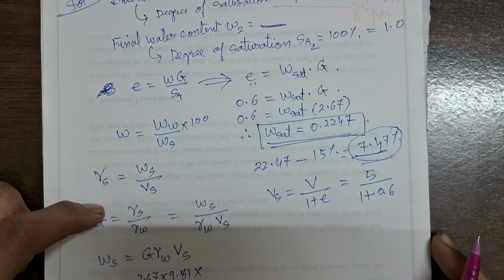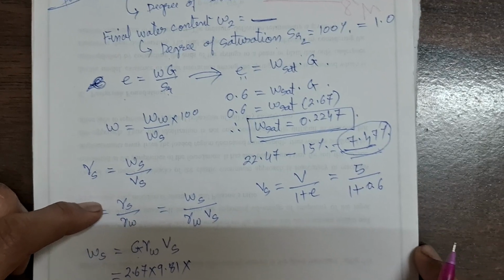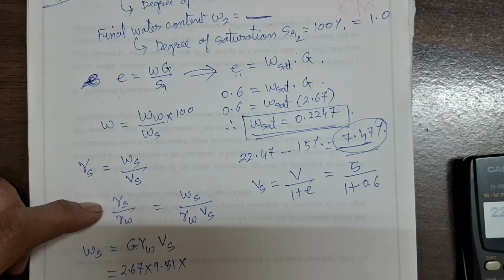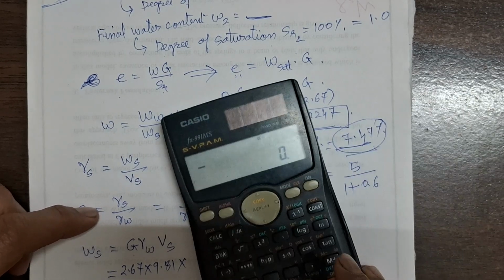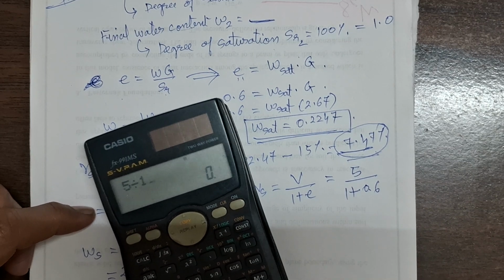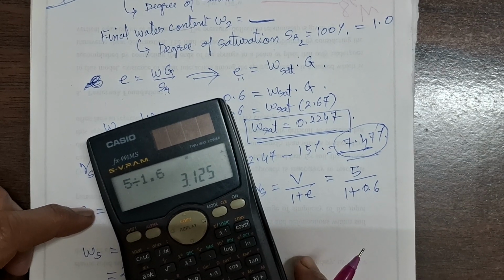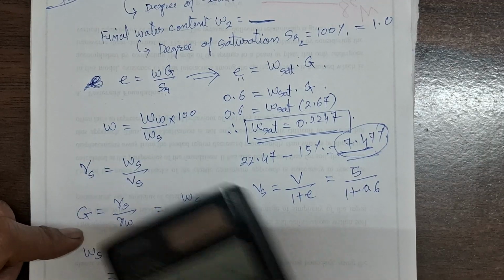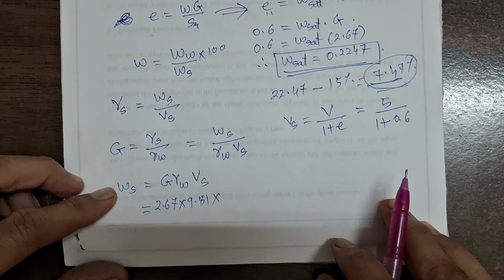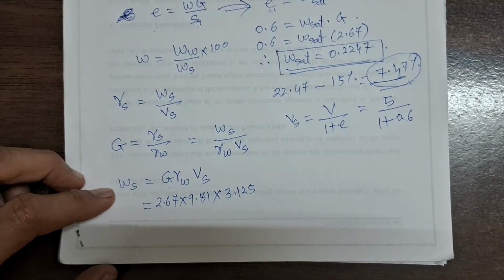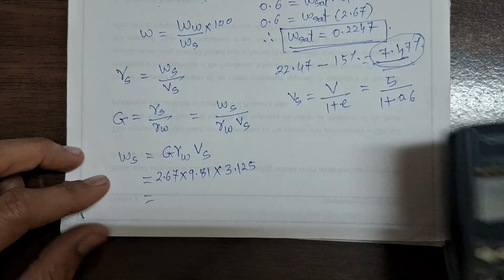In the question only they have given the total volume 5 meter cube. So 5 divided by 1 plus 0.6, which means 1.6, so it is 3.125. So what will be the answer?